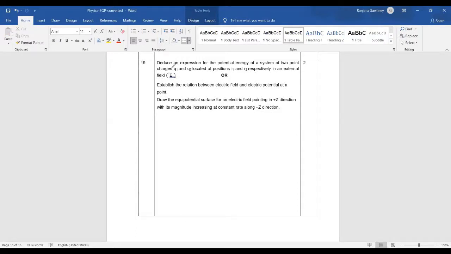Question number 19. Deduce an expression for the potential energy of a system of 2 point charges Q1, Q2 located at R1 and R2 respectively in external electric field E. So here work done in bringing Q1 charge from infinity to this electric field at R1 distance, let it be W1, is equal to Q1 into the potential at R1 distance.